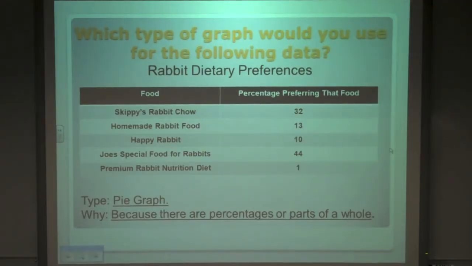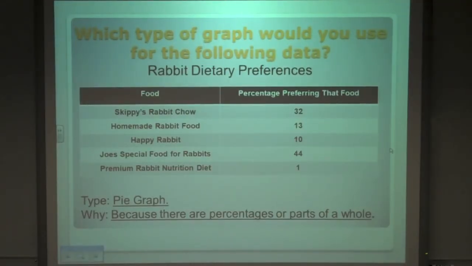And we can see that we have percentages of rabbits that prefer these foods. Okay, 32% of our rabbits prefer Skippy's Rabbit Chow, while 44% of our rabbits prefer Joe's Special Food for Rabbits. And we only got 1% of our rabbits that prefer Premium Rabbit Nutrition Diet.